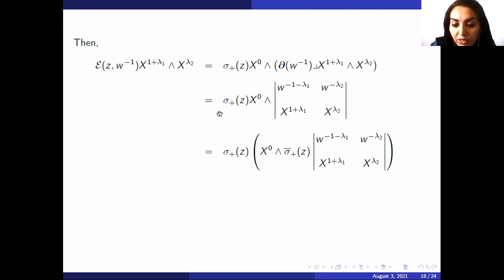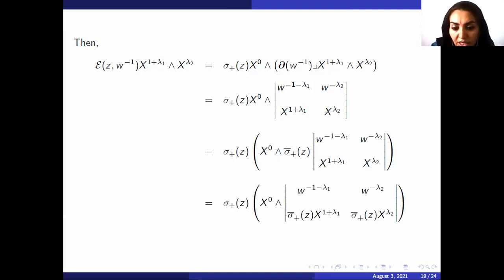Enjoying the integration by parts property, we can write this, and then you can filter sigma plus bar z inside the determinant. We have this equation, and sigma plus z, sigma plus bar z, sigma minus z, and sigma minus bar z are Schubert derivations.